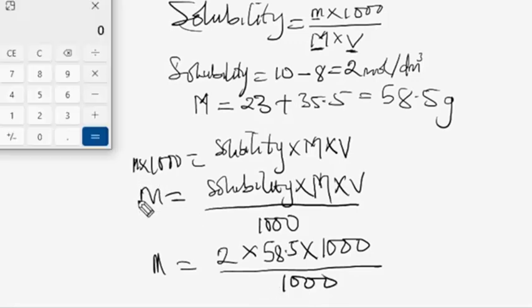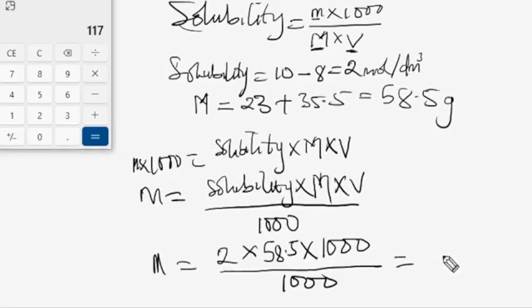Here we're going to say 2 times 58.5 times 1000, and then this divided by 1000, and that will be 117.